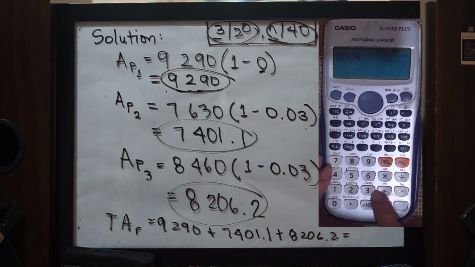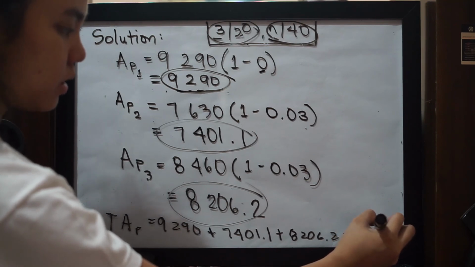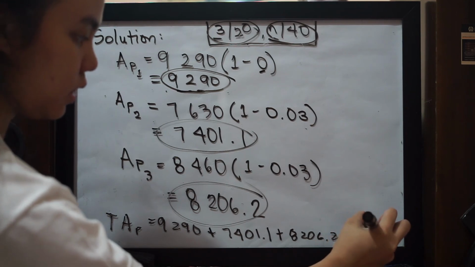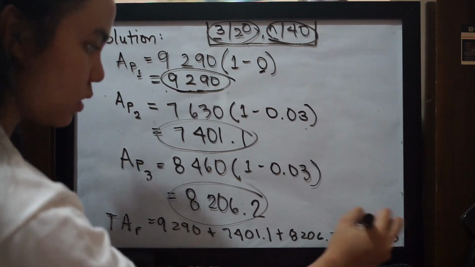9,290 plus 7,401.1 plus 8,206.2. The answer is 24,897.3.